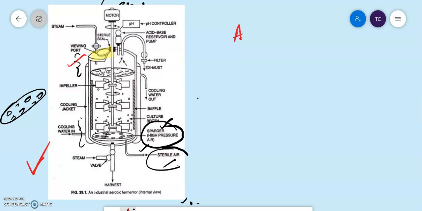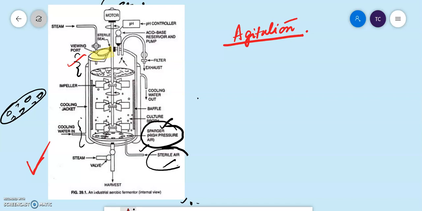Then comes your agitation. Now before we move on to agitation, one has to keep in mind: why agitation? This is because if you want a homogenized mixture, that means the water or the substrate over there is properly homogenized.